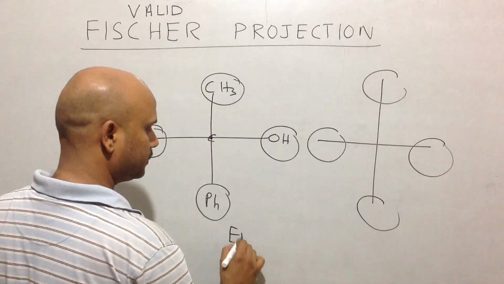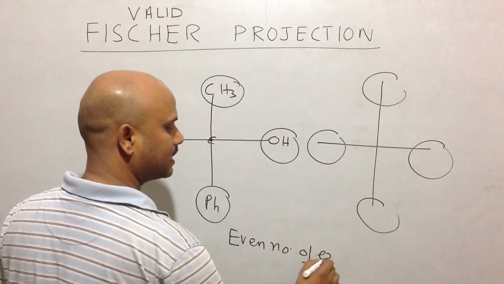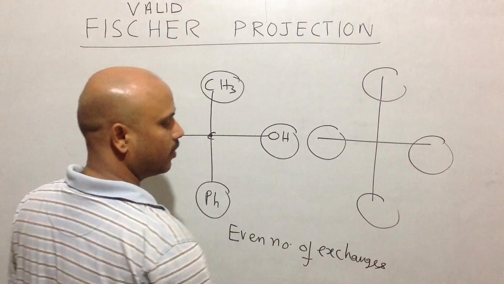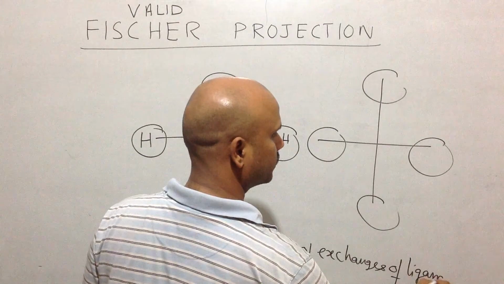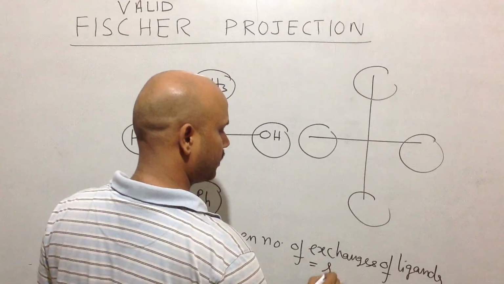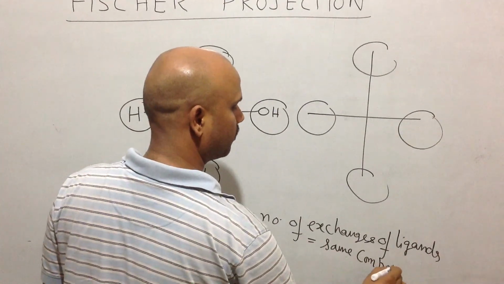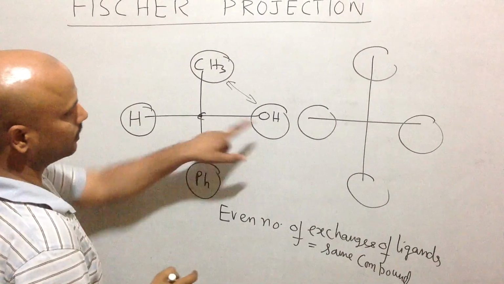When you do an even number of exchanges of ligands, you have the same compound. What do I mean to say? Suppose I exchange these two.